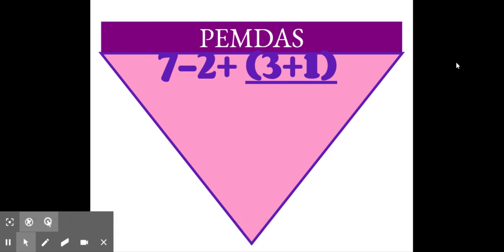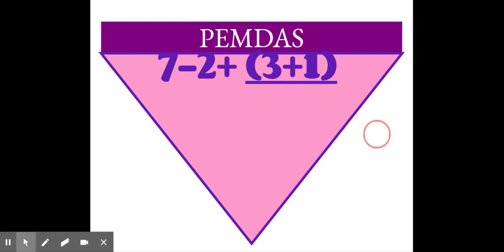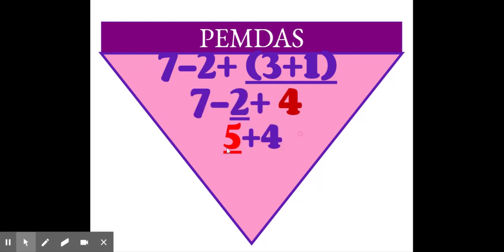Here's an example. We have 7 minus 2 plus (3 plus 1) in parentheses. Now, an easy way to help you solve would be to solve the part of the problem that you're supposed to first and then mark it off on your PEMDAS. 3 plus 1 would be the first thing that we would solve, which will give you 4.